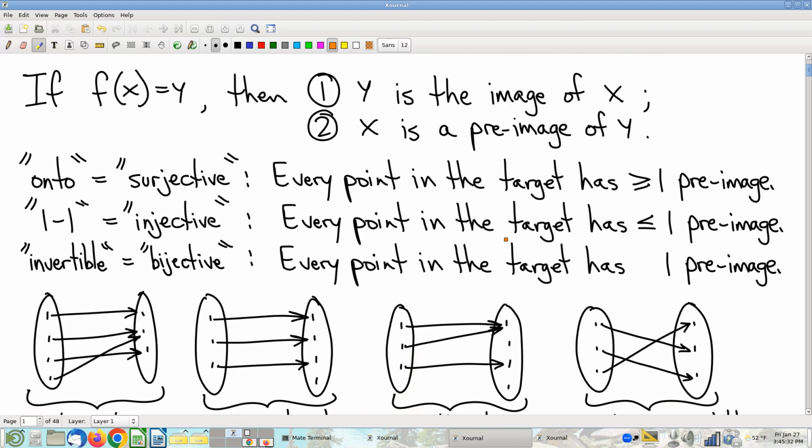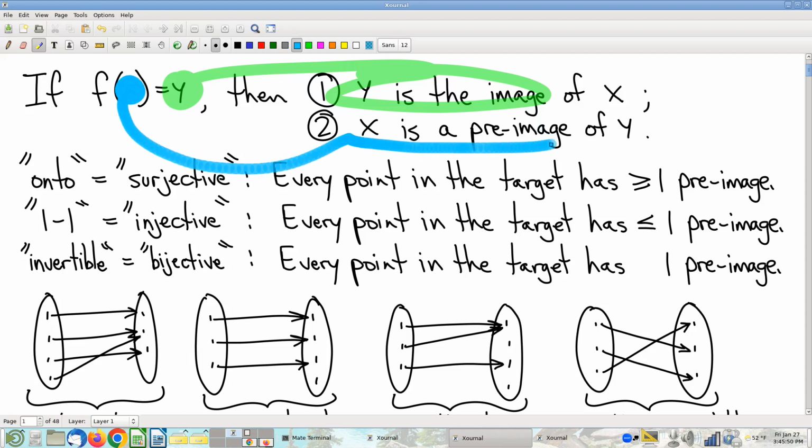Okay. All right. A little bit more lingo. The output of a function is called the image. We say that y is the image of that particular input. Similar concept there. The input that gives rise to a given output, naturally, we call that a pre-image.